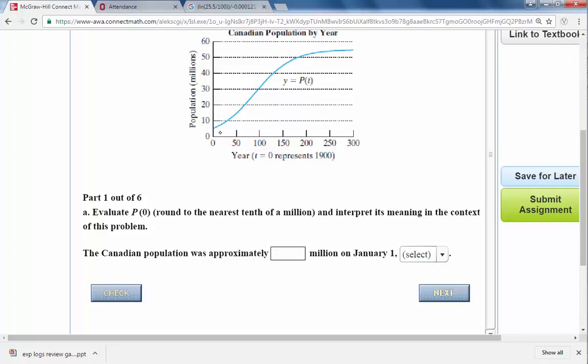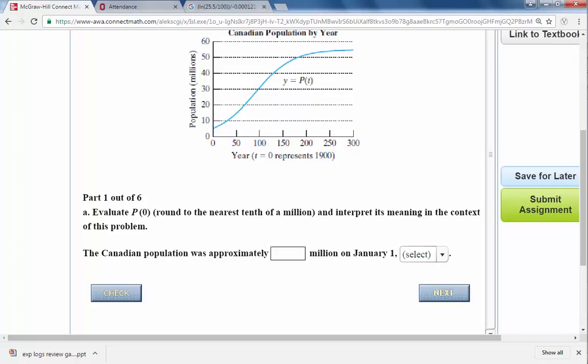They need you to find out how many people were living in Canada in year 0, which is 1900. Evaluate P0 and find out how many people were living in Canada in 1900. Can you find it? From the graph, I approximated about 5 million-ish. 5 million? No, we need to give the exact number.